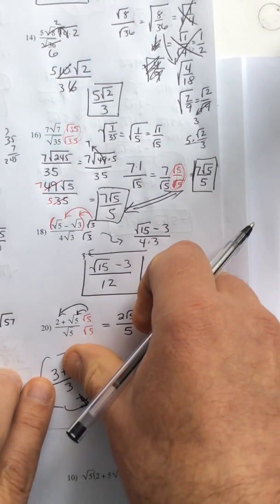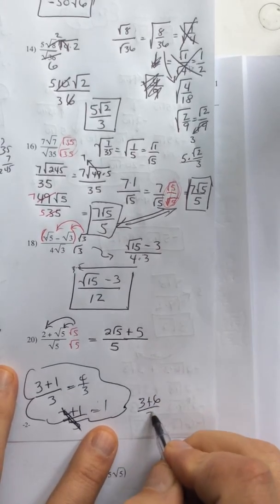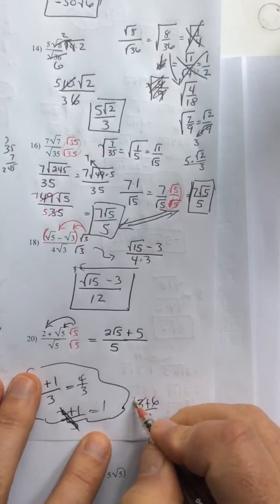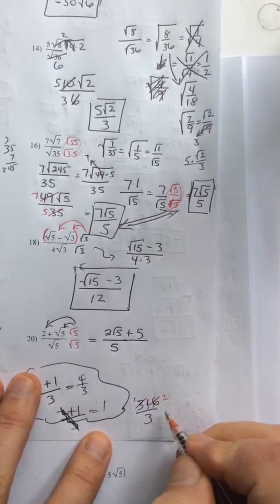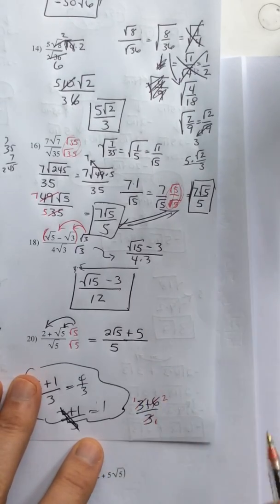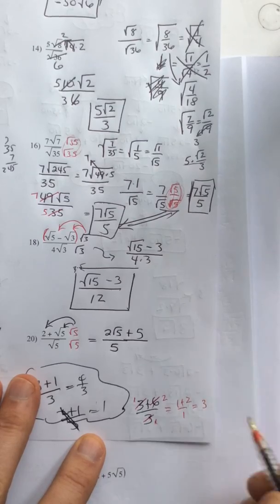You cannot cancel out a 3 unless you can do it everywhere. If we had 3 plus 6 over 3, if you can divide them all by 3, if I divide that by 3, it's 1, divide that by 3, it's 2, and divide that by 3, it's 1. Now I have 1 plus 2 over 1, which is 3.